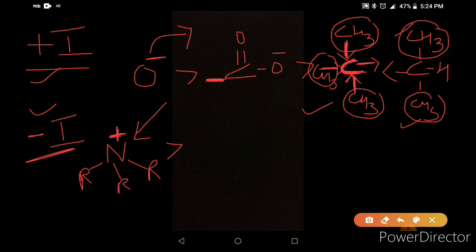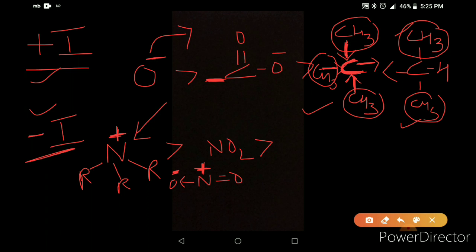The second example is NO2. NO2 seems to be neutral, and overall it is neutral, but the central atom is positive and the side oxygen is negative, because of which it is neutral. But since nitrogen has a positive charge, it has a high tendency to accept electrons, so it is highly minus I in nature.